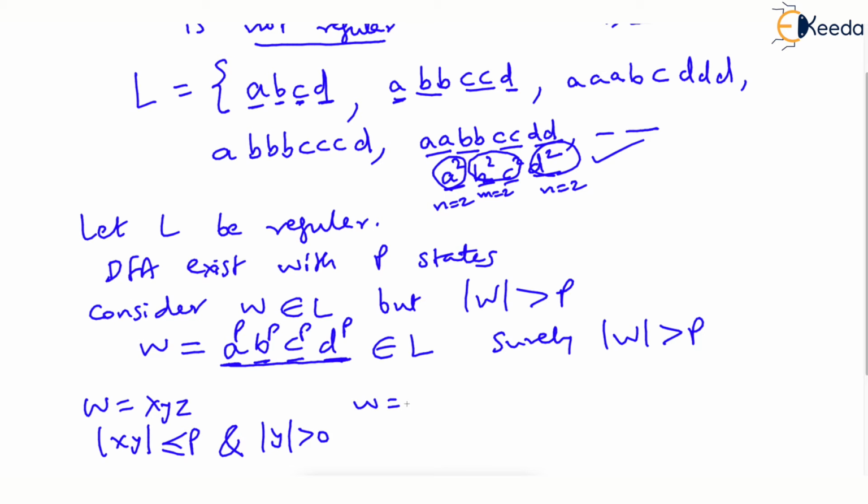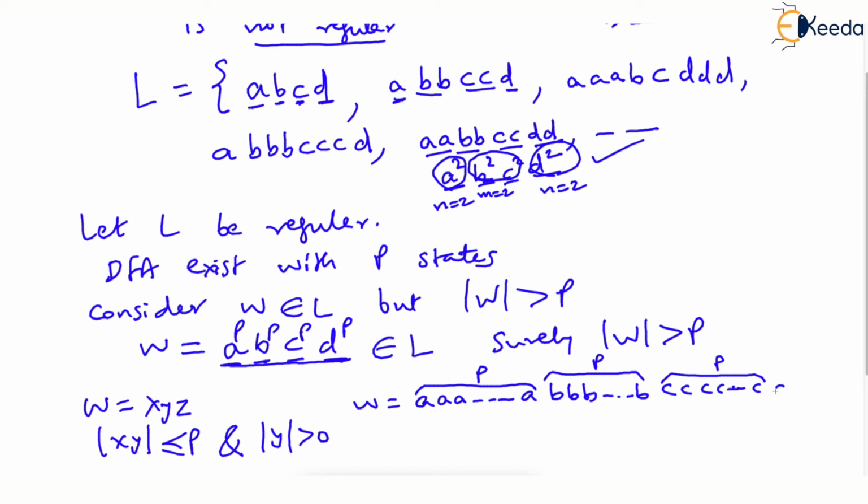Now this W has P number of A's in front. Then it has P number of B's to follow, and then exactly the same number of C's to follow. And finally, at the end, we have P number of D's to follow.